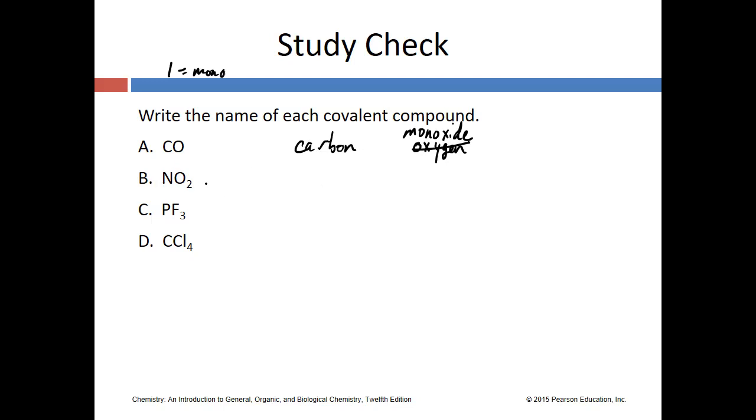In the second compound, we've got nitrogen and oxygen. Those are the two elements. Again, the nitrogen only has one. Prefix for one is mono. The mono is implied here because it's the first element.